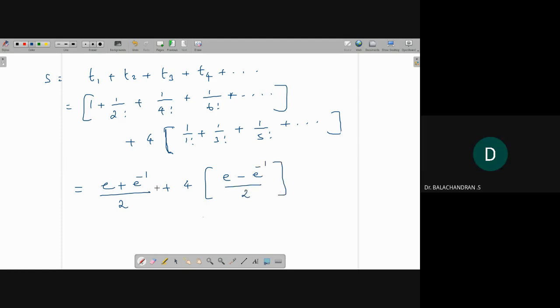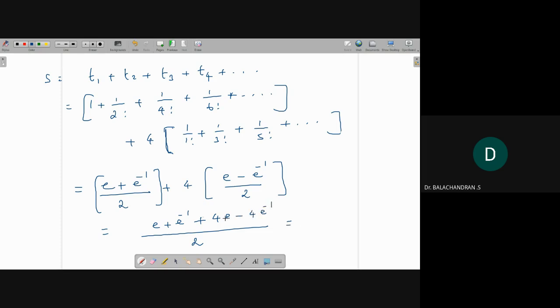So, you take 2 as LCM. What is the numerator? E plus e power minus 1, 4e minus 4e power minus 1.